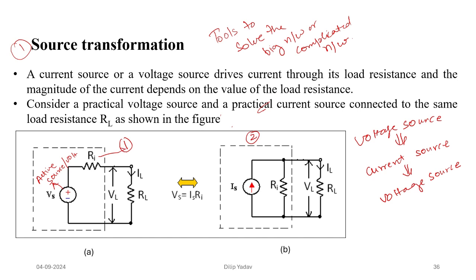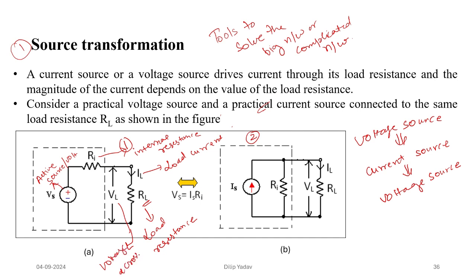We have Ri, this is known as the internal resistance, and we have RL, this is known as the load resistance, and we have IL, that is the load current, and we have VL, this is the voltage across the load resistance.